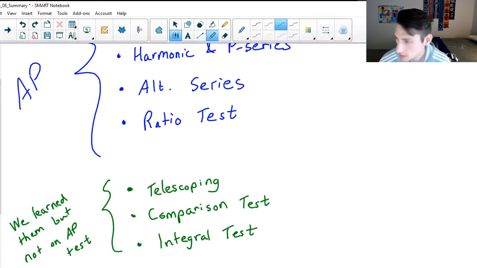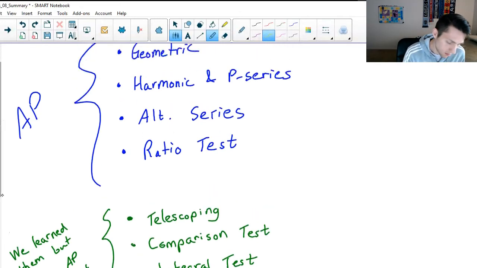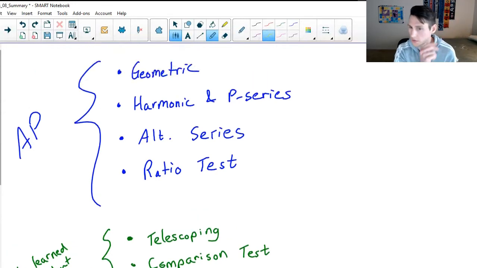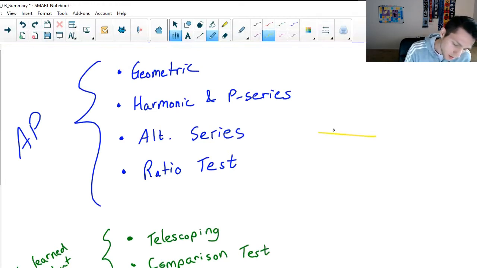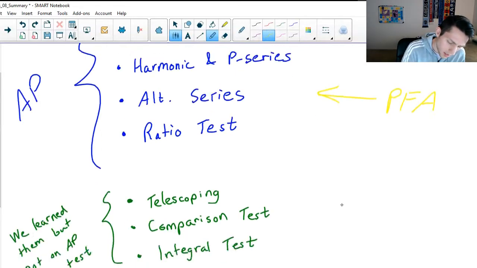So here's what I'm thinking. I'm thinking that to organize this for us, like on Summit, I will make this the series PFA. And I'll make these the AFA.